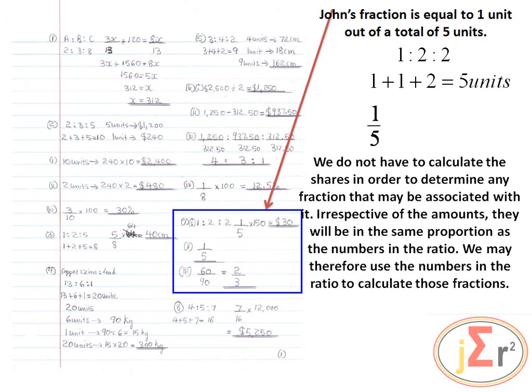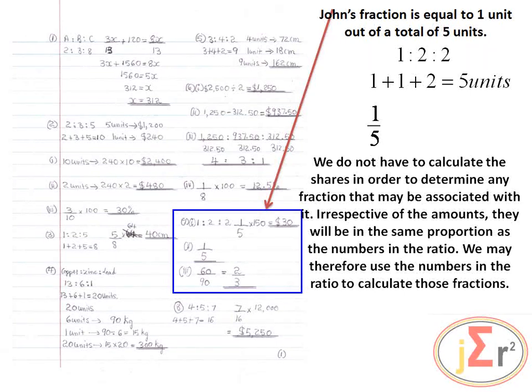Irrespective of the amounts, they will be in the same proportion as the numbers in the ratio. We may therefore use the numbers in the ratio to calculate those fractions. So, no need to go all around in order to calculate each person's share and then use it as a fraction of the total.